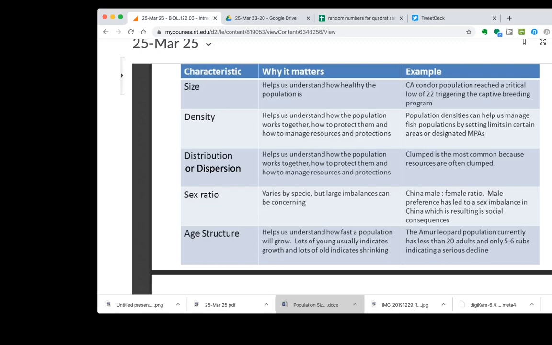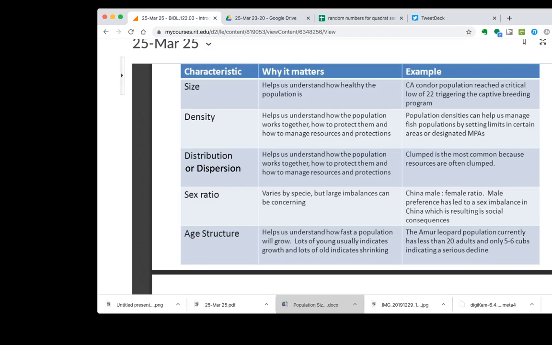So how evenly distributed throughout the environment is the population, or are they clumped around a particular resource? Often water is something that you'll find individuals clumped around, but there can be other characteristics that may not be immediately apparent, like nutrients in the soil or amount of food that's available to herbivores.